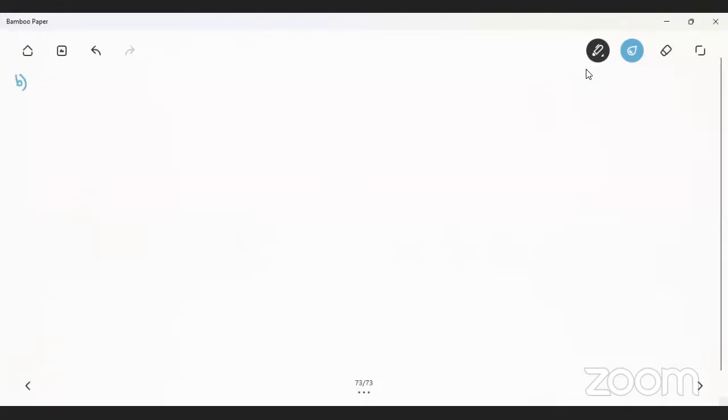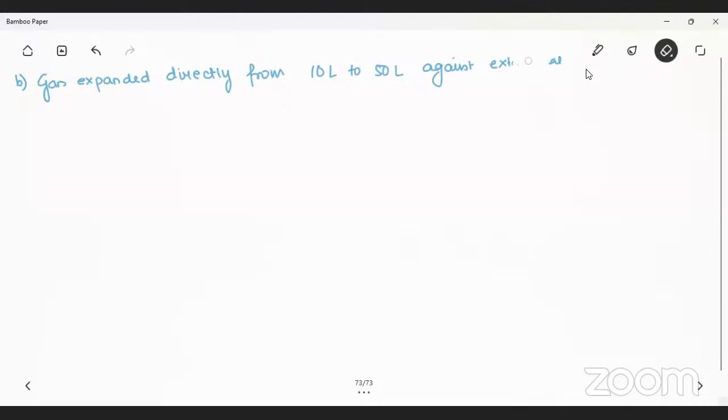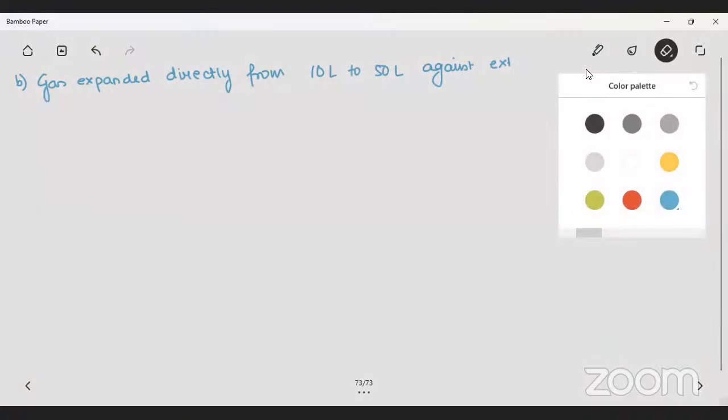In a single stage means the gas expanded directly from 10 liters to 50 liters against external pressure, and what I have written. Ma'am, can you tell me why did you write 10 to 50? Okay, it's 50 to 10, right? Yeah, ma'am.